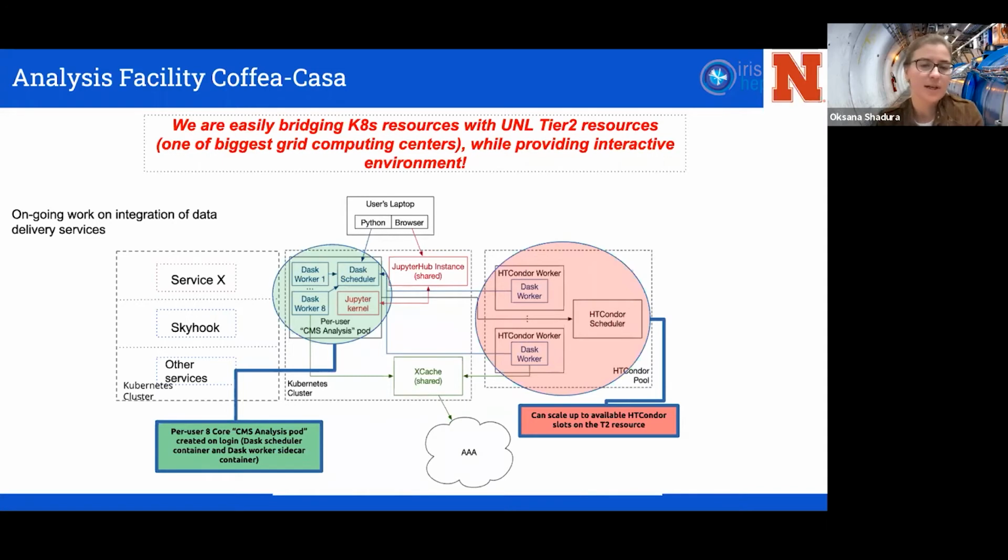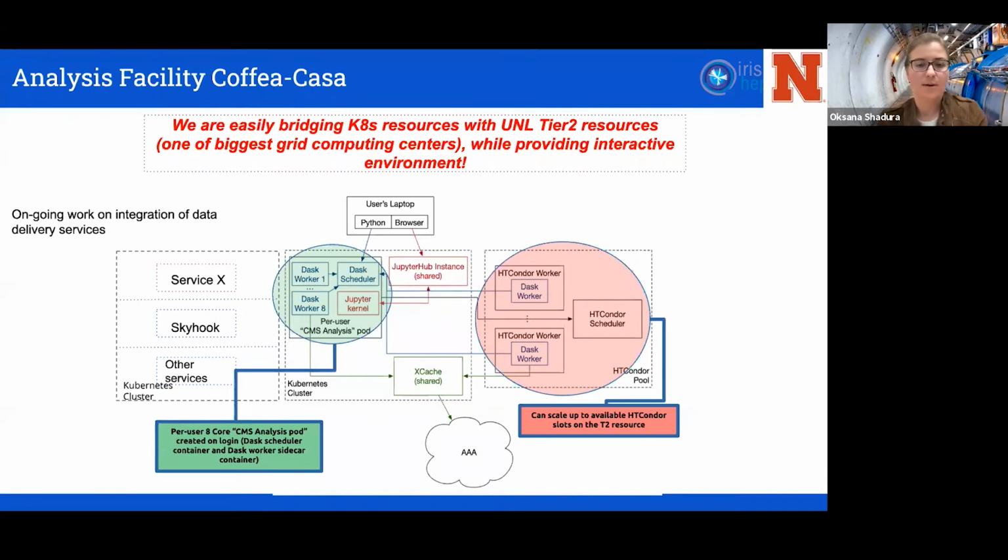How it works: the user connects through the browser to a Jupyter Notebook, which is started through an 8-core CMS analysis pod created on login, where we already have a Dask scheduler container running, and also a Dask worker sidecar container, running through Kubernetes resources. And then we can easily scale to the already available HTCondor slots in the existing computing center.